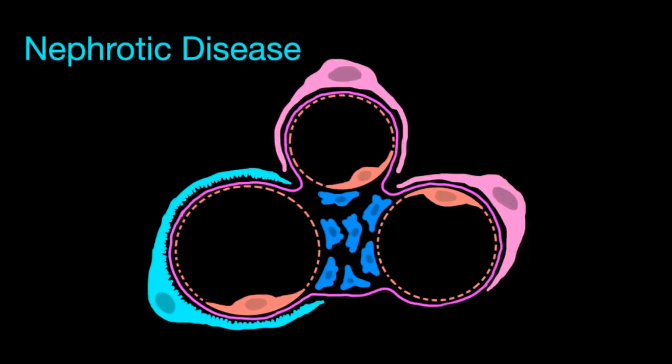Okay, so here's a cartoon of nephrotic disease, and the way I think about this is that the podocytes are primarily affected. You can see that they're this sickly pink color, where here's the healthy blue color, and the healthy one has these nice foot processes, and an intact glomerular filtration barrier with filtration slits.